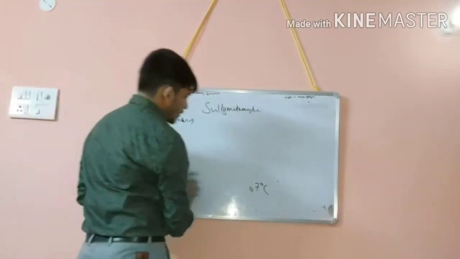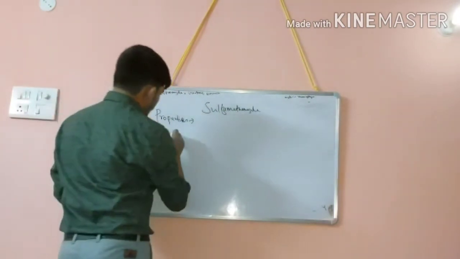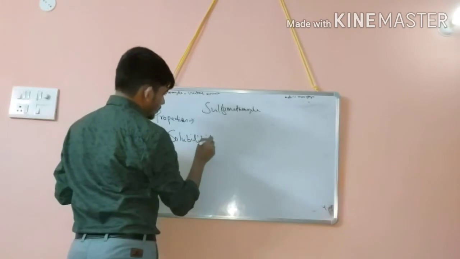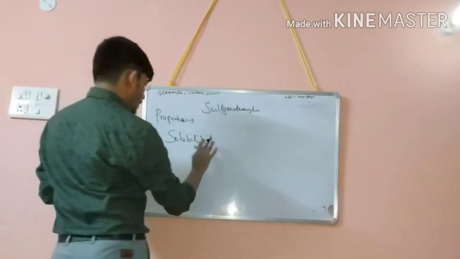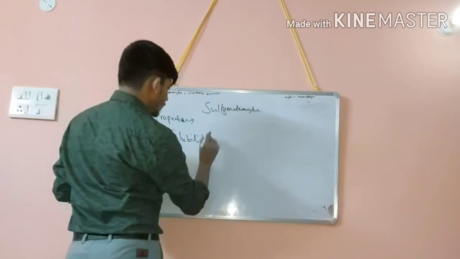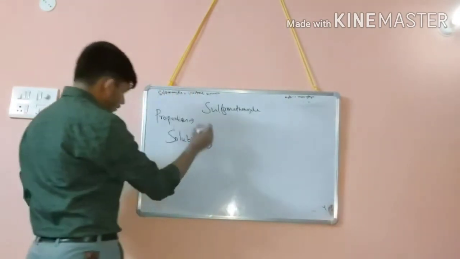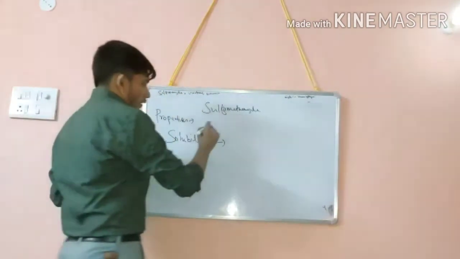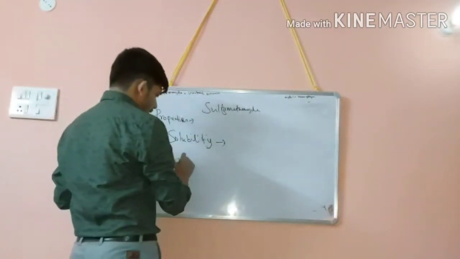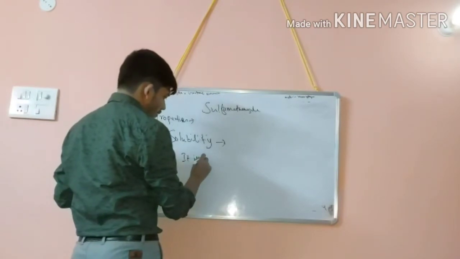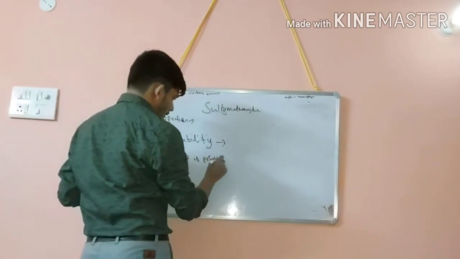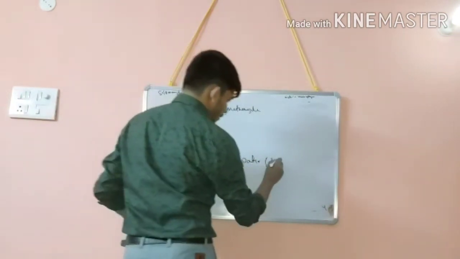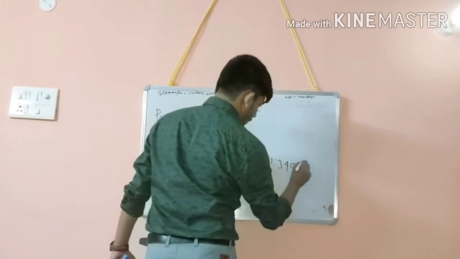So next we will see the solubility profile of this sulfamethoxazole. Solubility: in which solvent it is going to mix up, or it is soluble. First, it is soluble in water in the ratio 1:3,400.